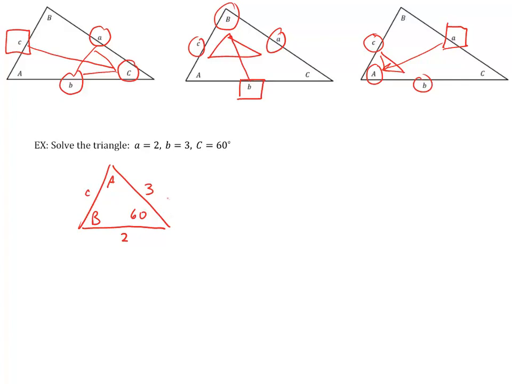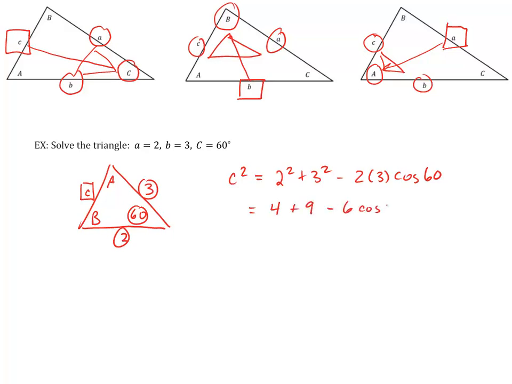So using the law of cosines, I can relate this side here to these three pieces here, and I'll be able to solve for c. So c squared would be equal to 2 squared plus 3 squared minus 2 times 2 times 3 times the cosine of 60.